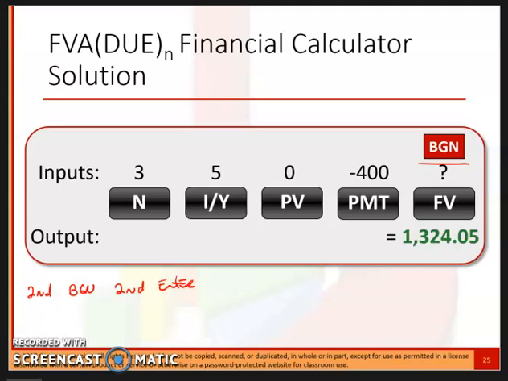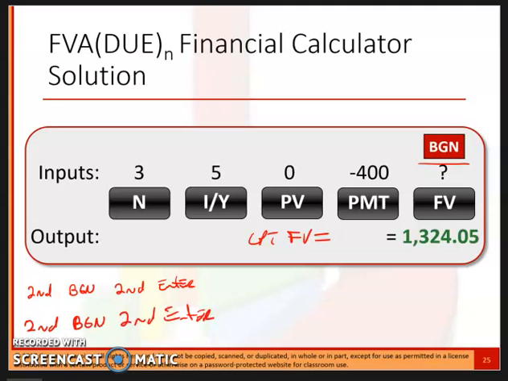As long as all this information is still entered in your calculator, then you just compute future value, and that's your $1,324.05. When you complete a problem like this, make sure you do second, begin, second, enter.